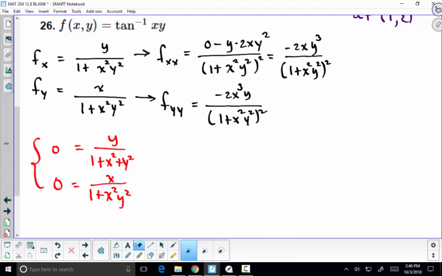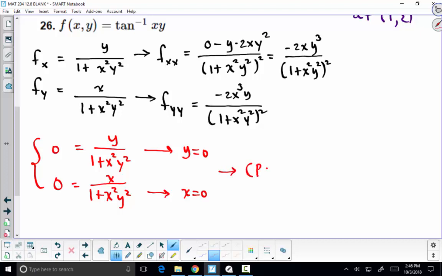The denominators here are always positive, so we can multiply both sides by the denominator. So we get a critical point of 0, 0. Our only critical point is 0, 0.